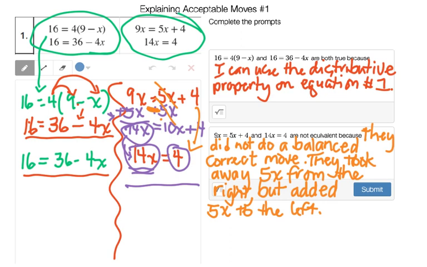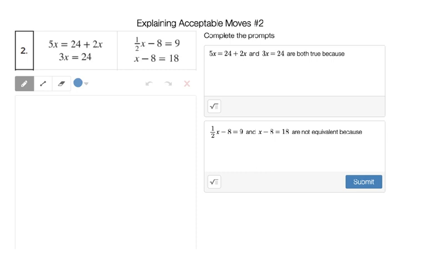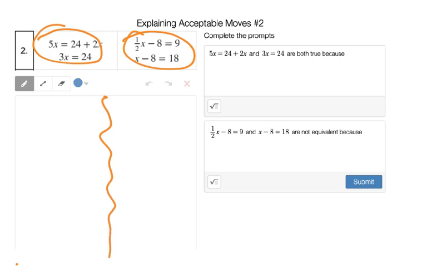Moving on and looking at the next prompt, explaining moves. Again, number 2. We're going to look at these two equations and figure out what they did. So we know that the first one is right. So again, I'm going to write each one down with some space so I can then explain.